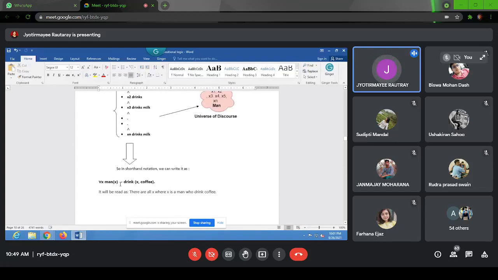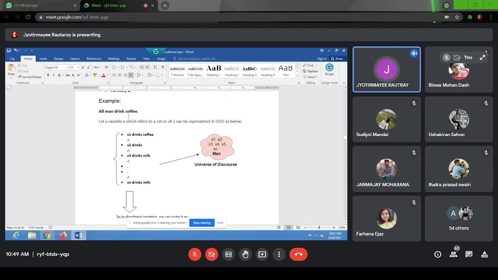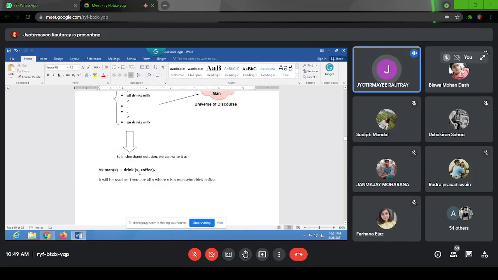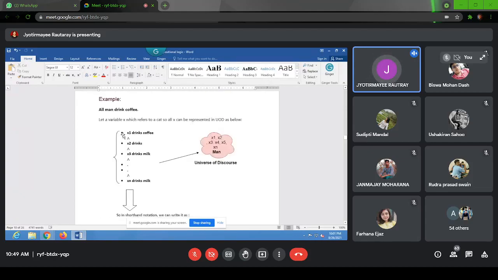No. For that the implication symbol will be used. Then the predicate is drink, with x comma coffee, because we have declared x for man.